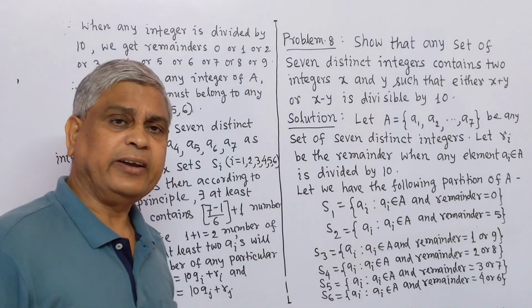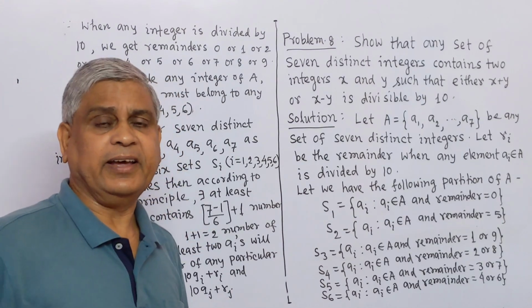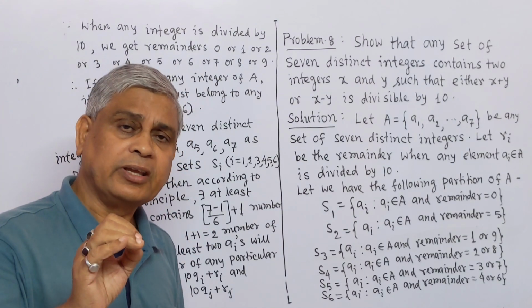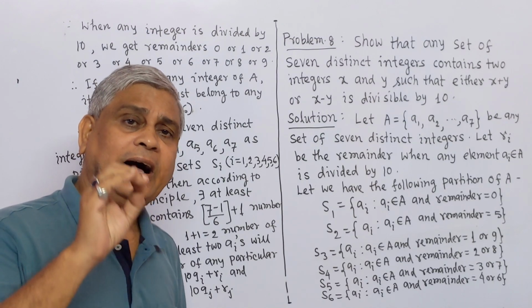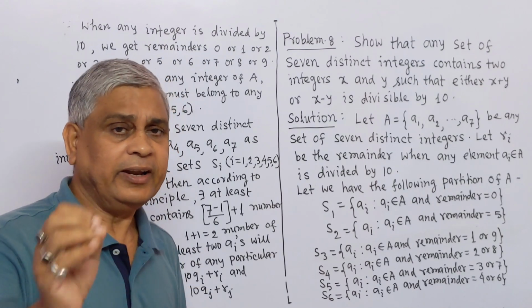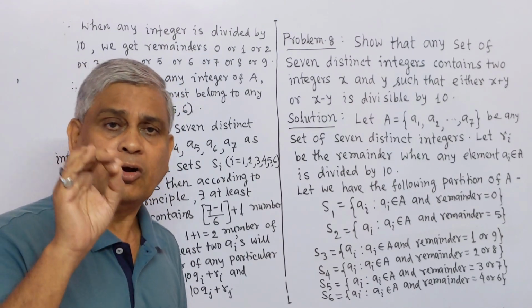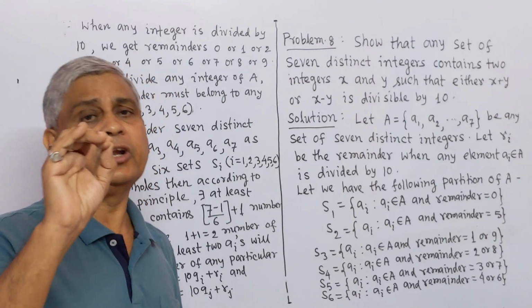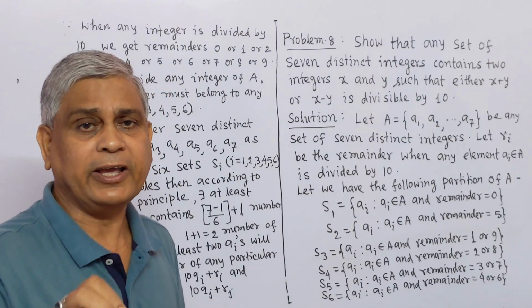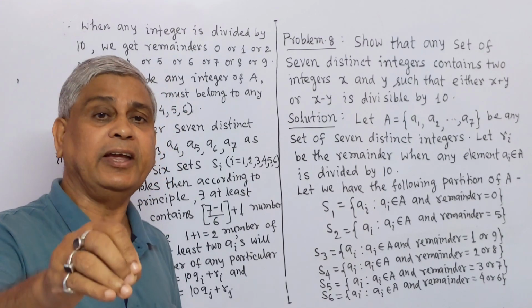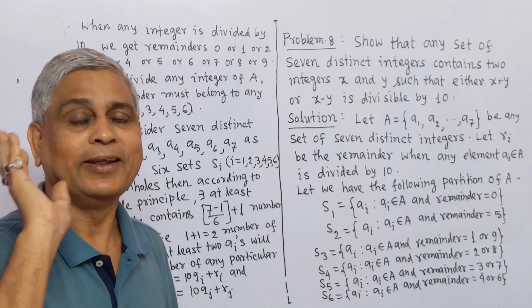Since we know that when any integer is divided by 10, it gives remainder either 0, if it is divisible by 10, or remainder 1, 2, 3, 4, 5, 6, 7, 8, or 9.